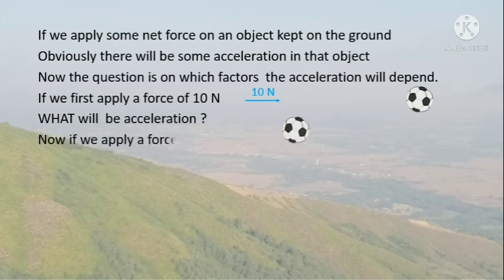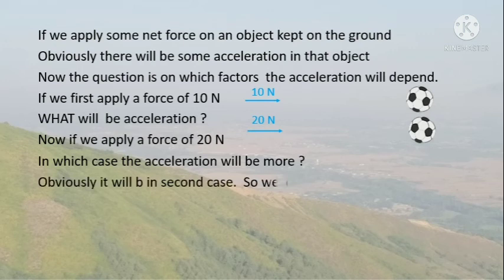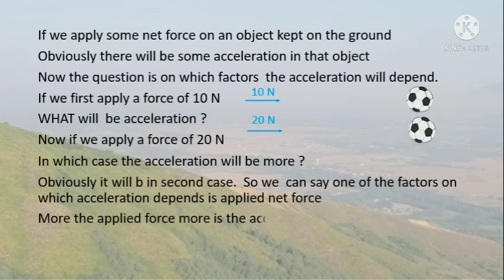Now if we apply a force of 20 Newton, in which case the acceleration will be more? Obviously it will be the second case. So we can say one of the factors on which acceleration depends is the applied net force. More the applied force, more is the acceleration. Or we can say this.